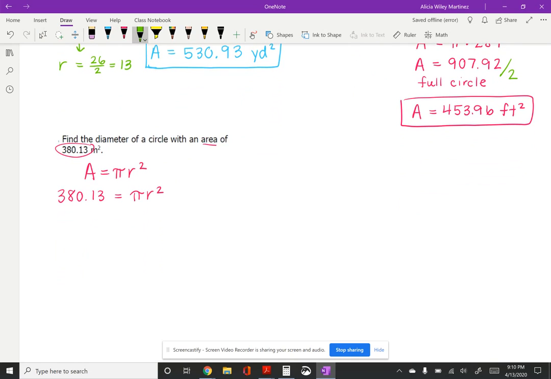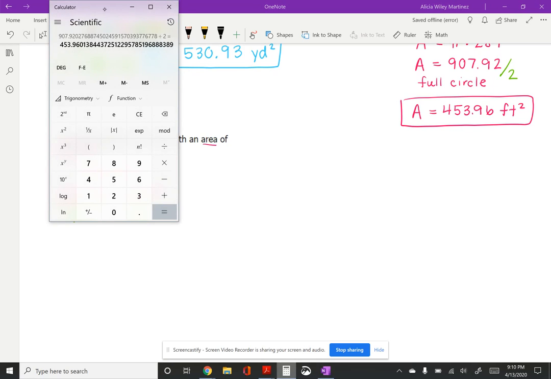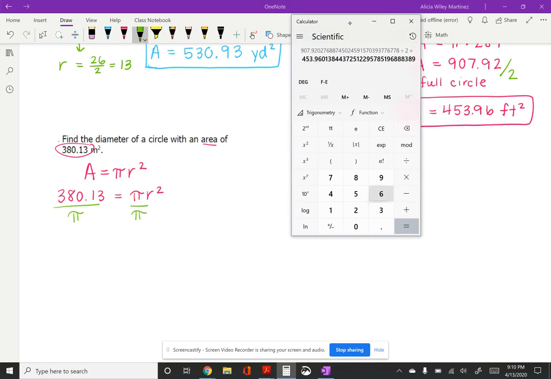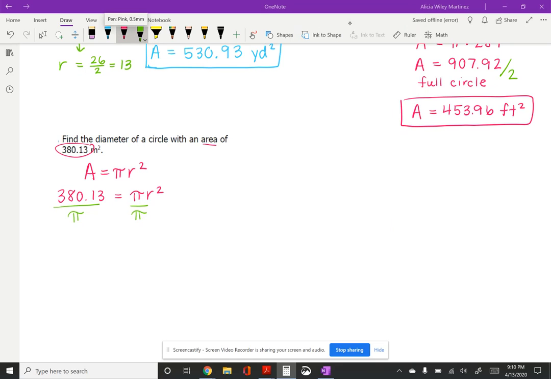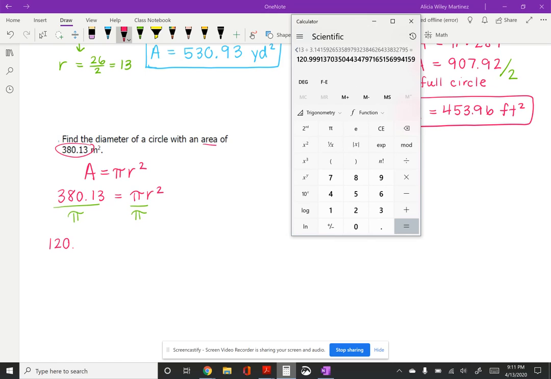So we're going to take a moment and we're going to divide both sides by pi. Right? So on our calculator, that's what we're going to do. We'll do 380.13 divided by pi. Right? And that is, I think it said 120.999, lots of nines.